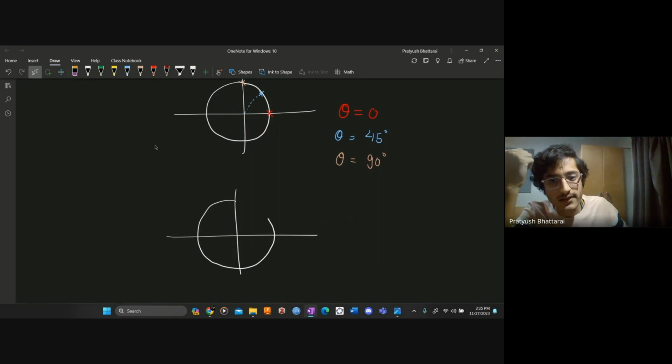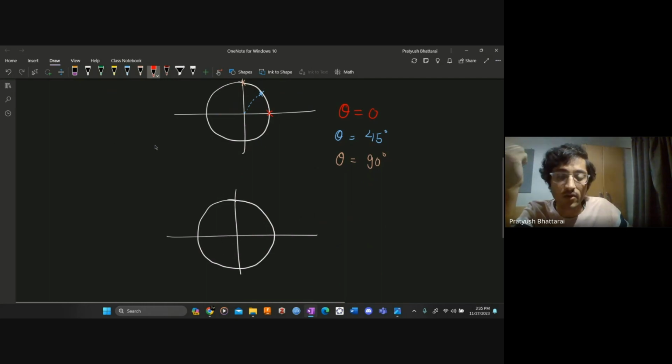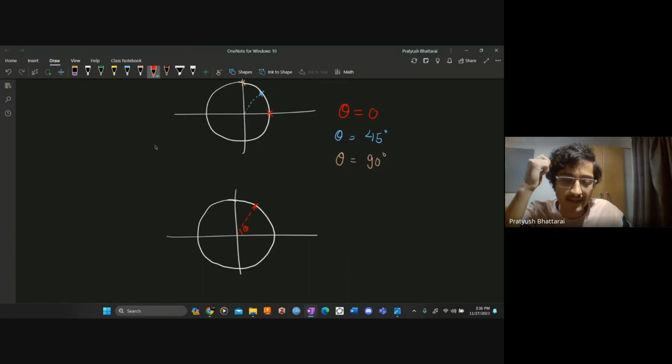Let's choose a general point like this. It has an angle theta with the x-axis, and I can think of the x coordinate that it has, and this is the y coordinate that it has.